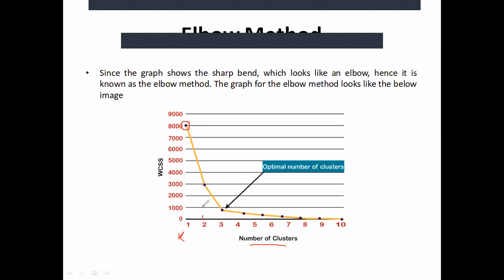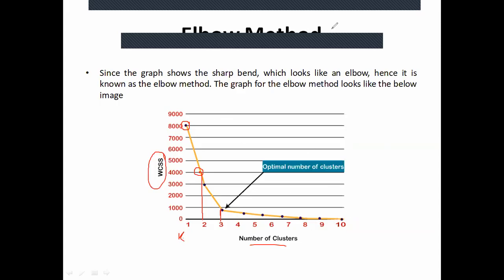When K is 2, it becomes less, around 4,000. When I take K as 3, it is very low, around 900. After that, it becomes lower still for 4, 5, 6, 7, 8, 9, 10. That means for K equal to 1 to 10, I'm finding the value of WCSS and plotting a graph.